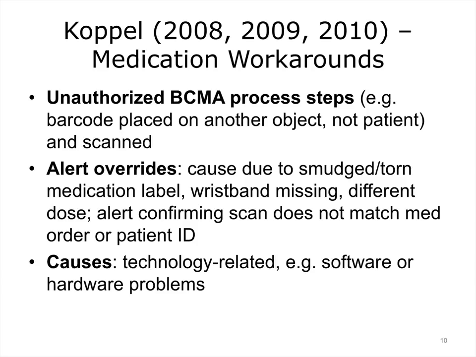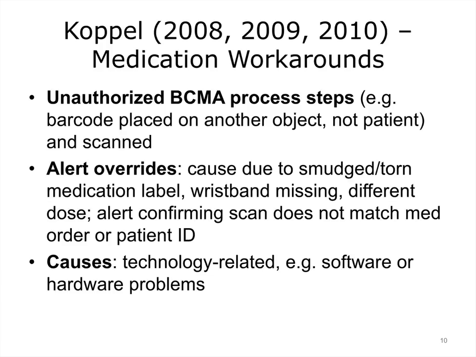Other workarounds included using unauthorized BCMA steps, such as placing the barcode on another object, not the patient, and scanning it. Overriding alerts because of smudged or torn medication labels, missing wristbands, and the like was another problem.